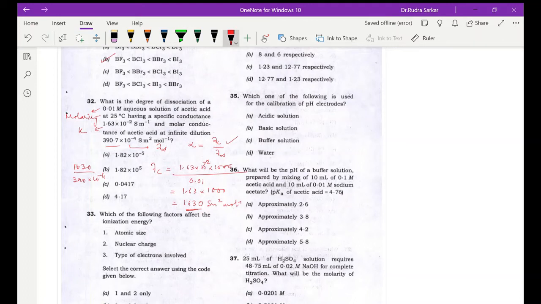I think it should be plus and not minus over here. So it should come like this. This should be our answer.